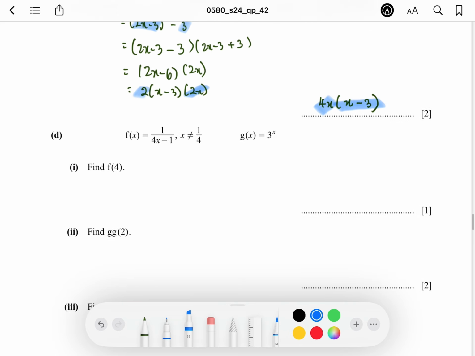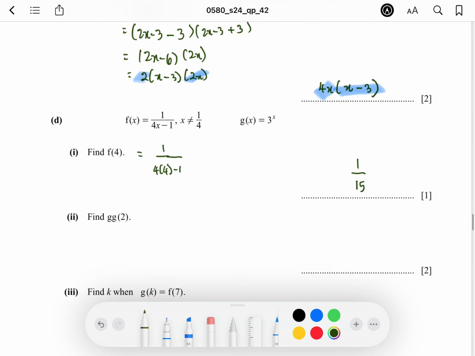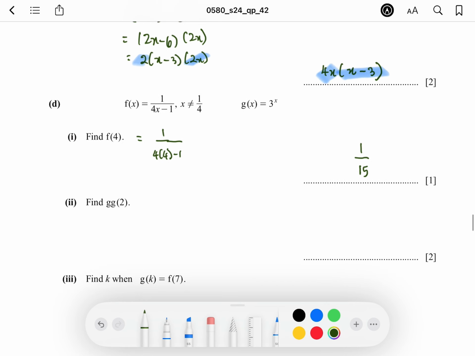Okay, next one. This one is easy peasy. Just substitute it in. Even though it is easy peasy, don't make careless mistakes. So here 1 over 15.